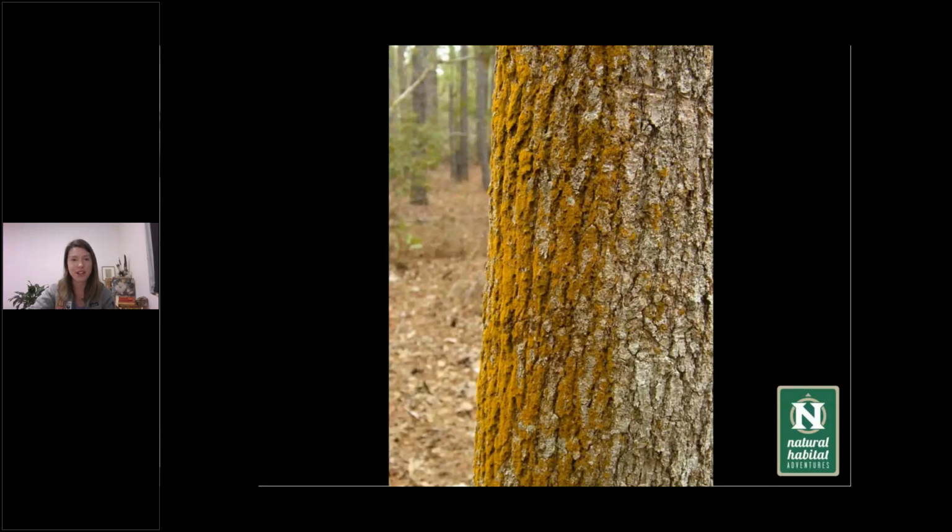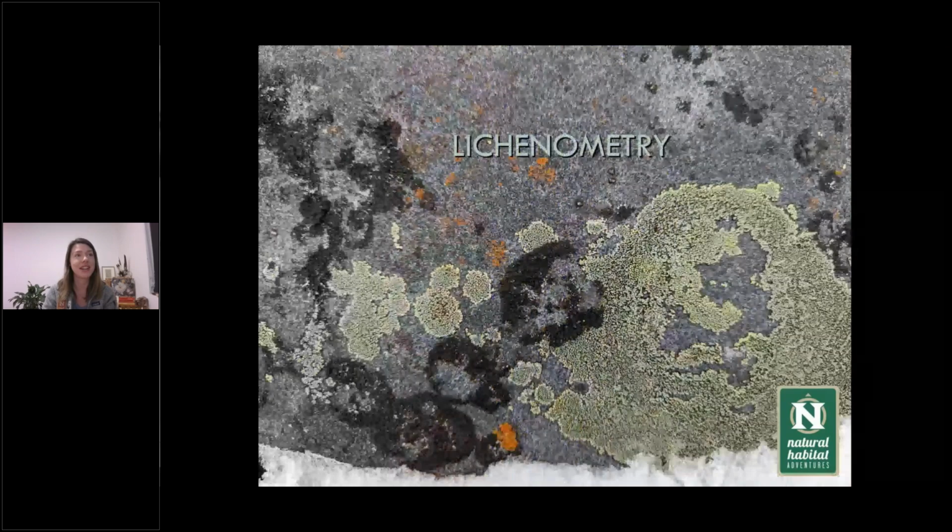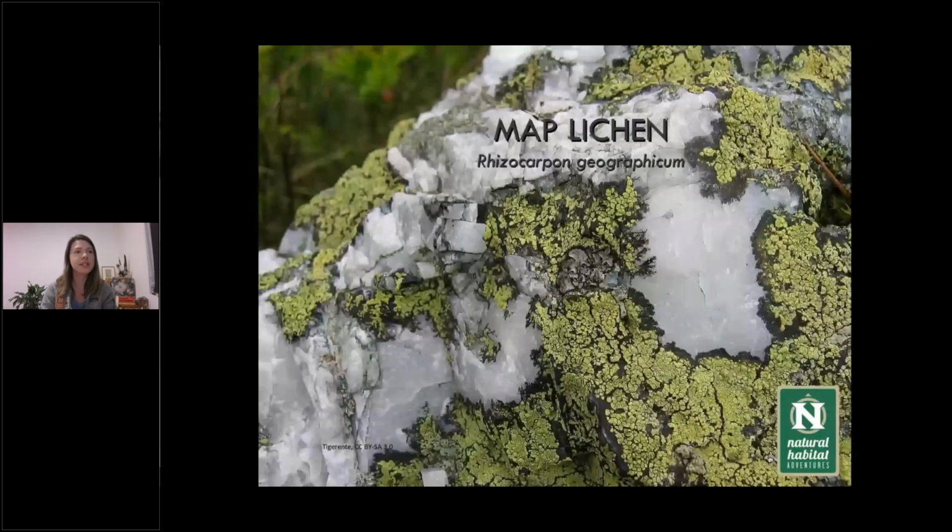So apart from just direction, we can actually see the age of things. So we are going to introduce ourselves to map lichen. And it is used for a process called lichenometry, along with a couple of other species of lichen. This is map lichen, and I love this name because it means so many different things to me. Map lichen because it kind of looks like a map of an area.